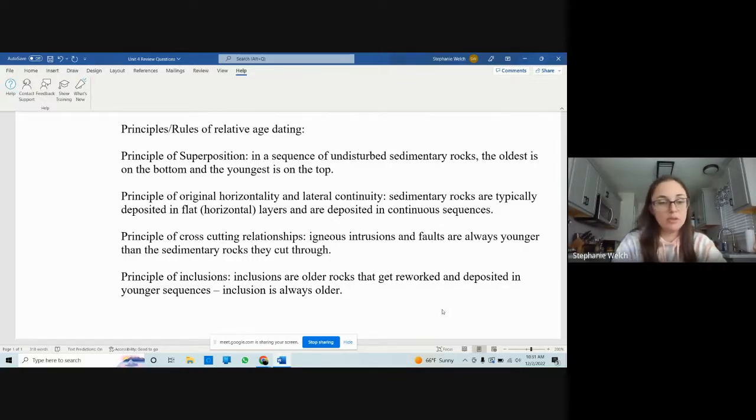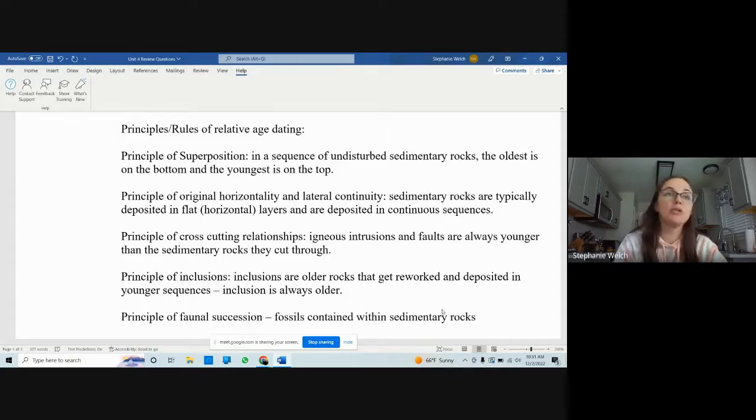One or two last ones here. Principle of faunal succession. Fossils contained within sedimentary rocks are going to show the evolution of life in sequence, the way that the sequence of rocks shows Earth history.